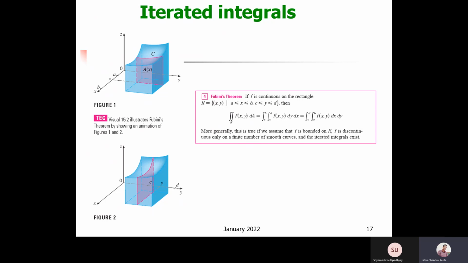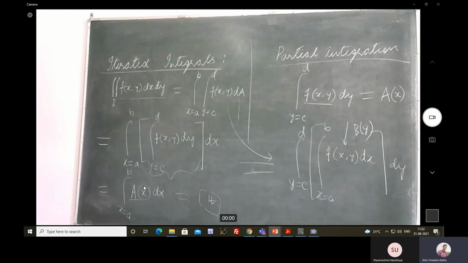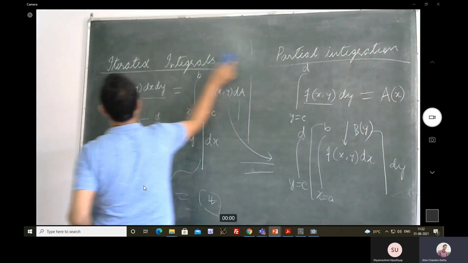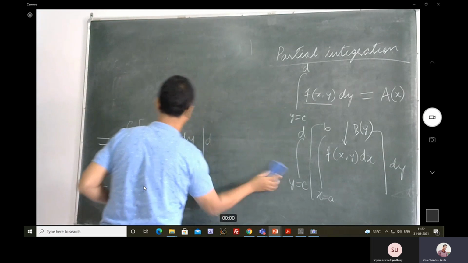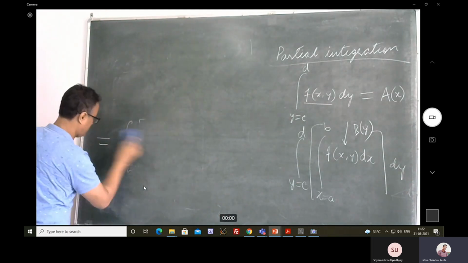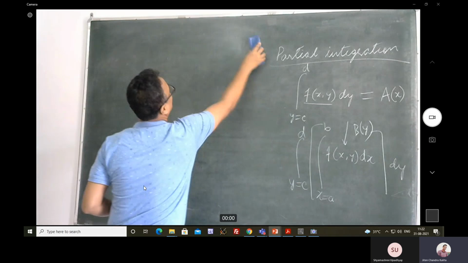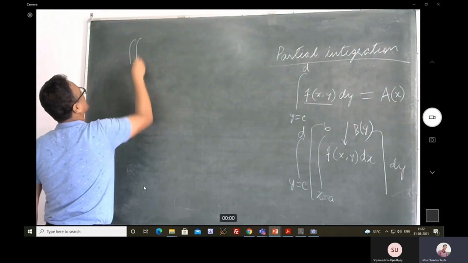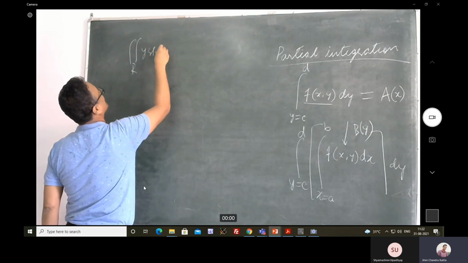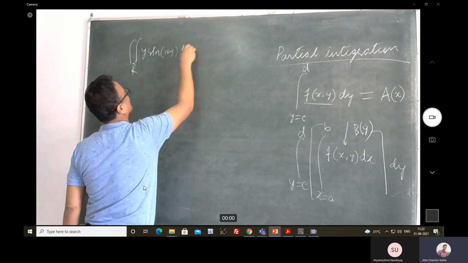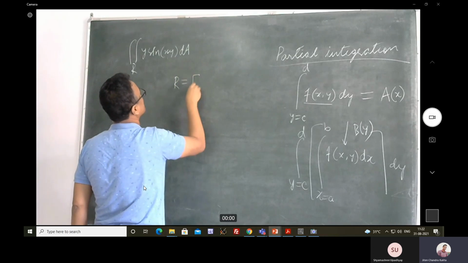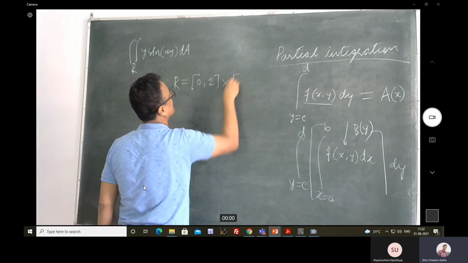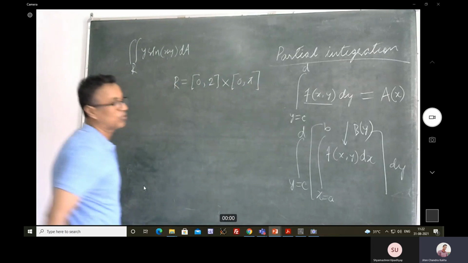So let us try to work out one example. Say suppose the integral of sine xy dA, and R is given by this, 0 to 0.5.